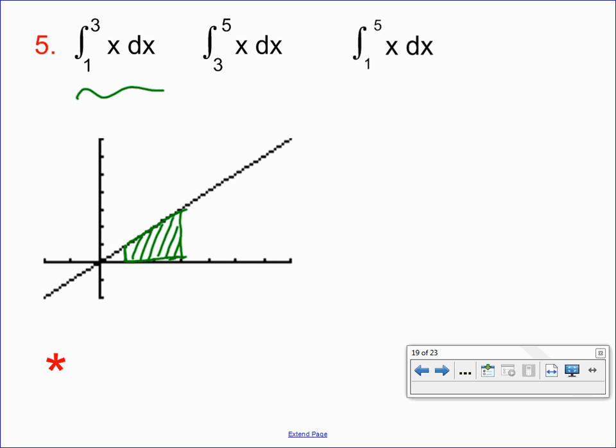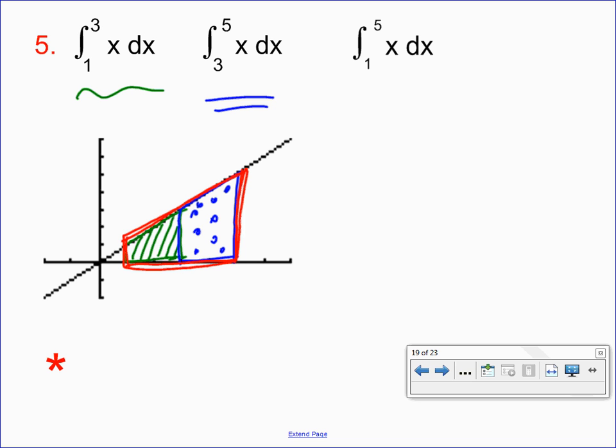And then we've got the blue part from 3 scan till 5, and that's here, and that would be a pretty little polka dot region here. And then we've got the integral from 1 to 5, the whole shebang, starting at 1 and scanning until 5, and that will be the red portion.